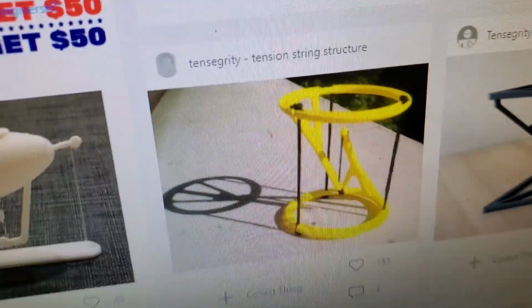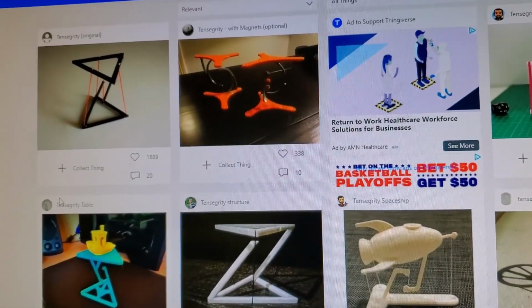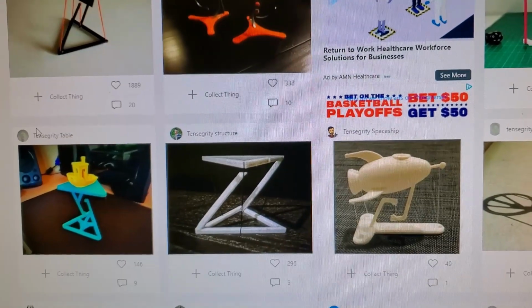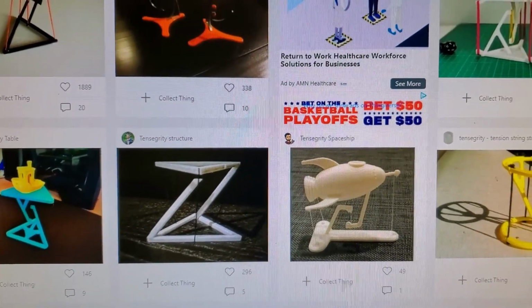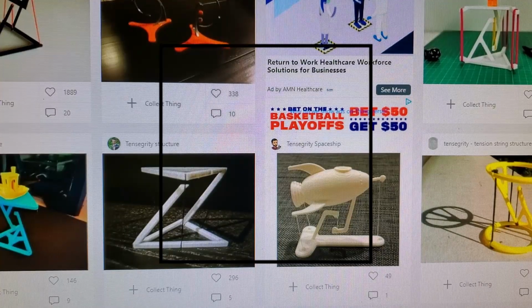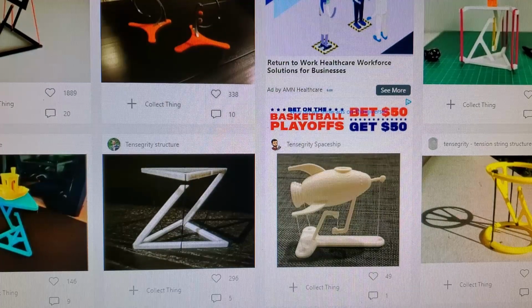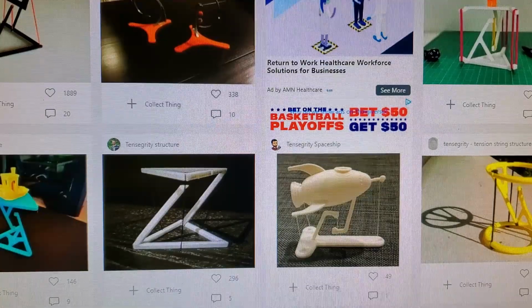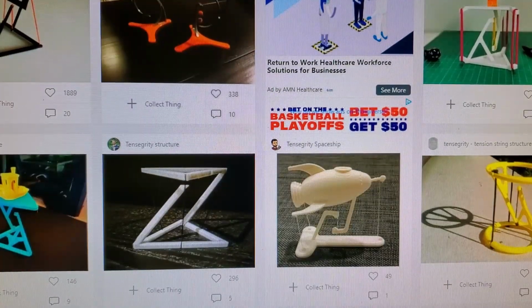I wanted to look at something a little bit different than that. So for mine, I chose to go with a square structure, a square top and bottom to the tensegrity structure. And this is what I ultimately came up with.